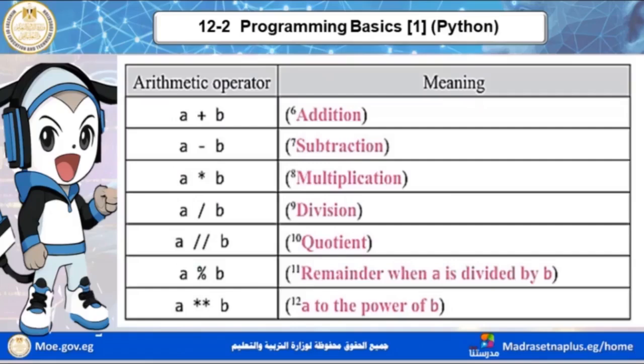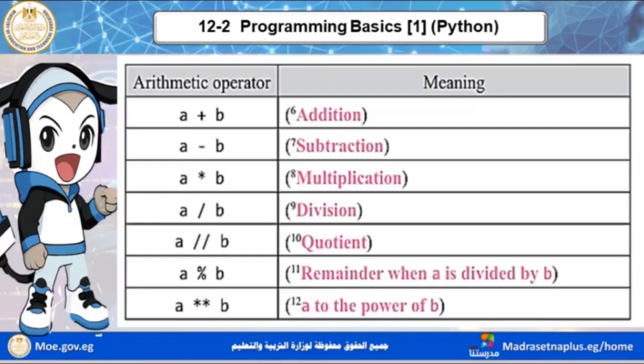Let's start with the first one, A + B. When we say A + B, the operator plus here means to add the value of variable A to the value of variable B. The second one, A - B, means we subtract the value of variable B from the value of variable A. A * B, and here multiply differs from multiply in math.